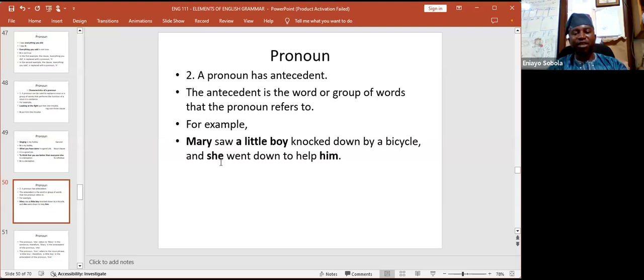She refers to the noun Mary. Therefore, Mary is the antecedent of the pronoun she. And him is a pronoun. Him refers to the noun phrase a little boy, meaning that him represents a little boy in the sentence. So a little boy is the antecedent of the pronoun him, while Mary is the antecedent of the pronoun she.